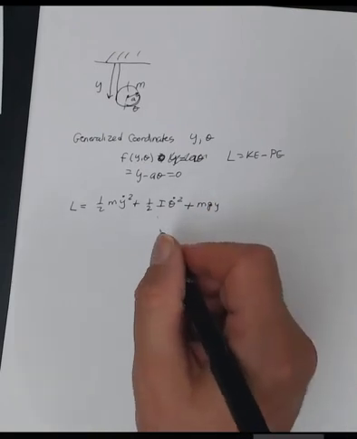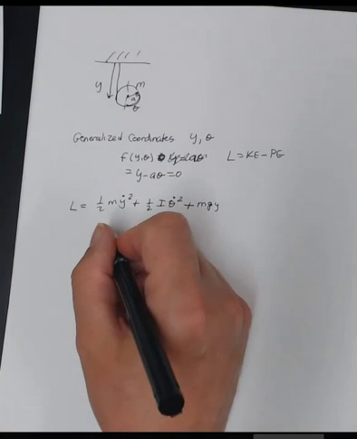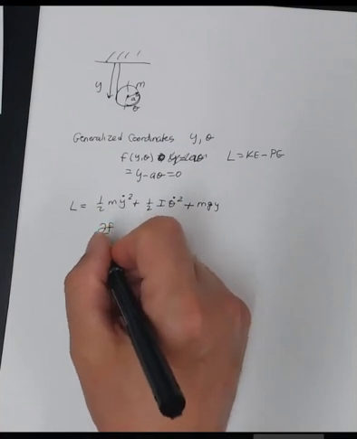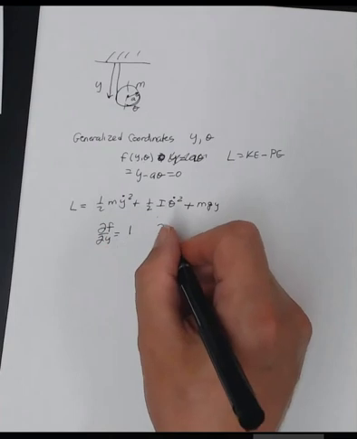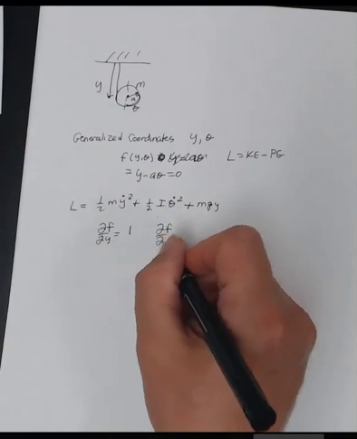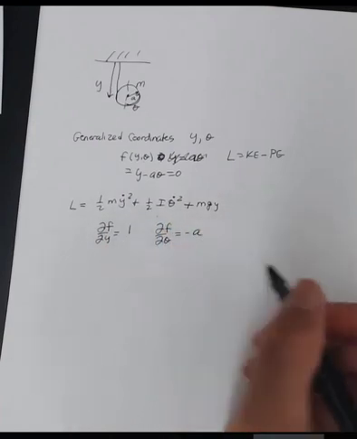So our two Lagrange equations are, so first of all, when we take the partial of the constraint equation with respect to y, what are we going to get? We're going to get 1. And if we take it with respect to theta, we're going to get negative a.